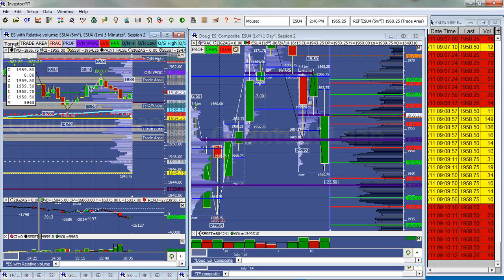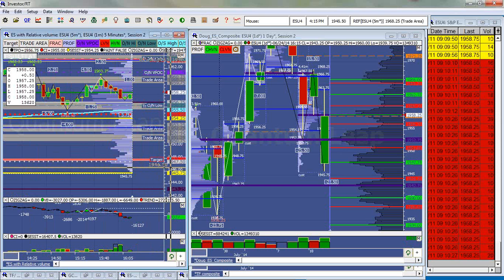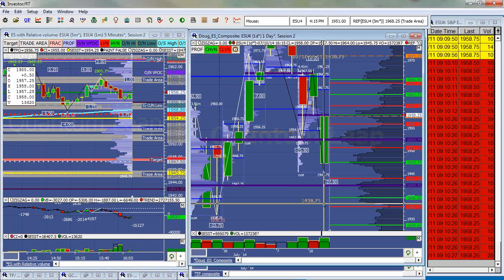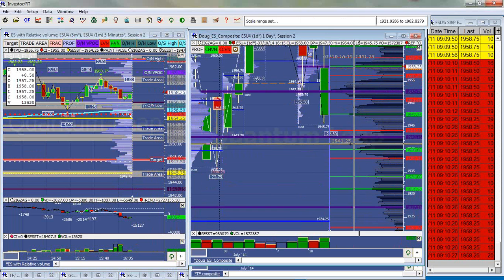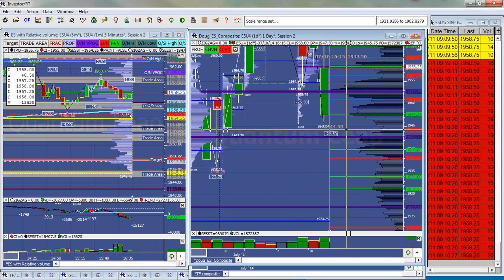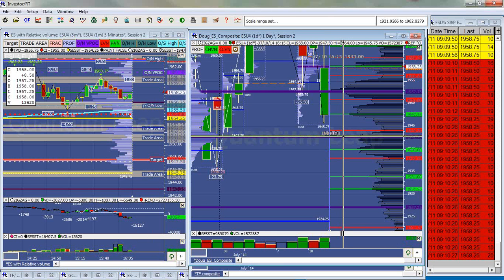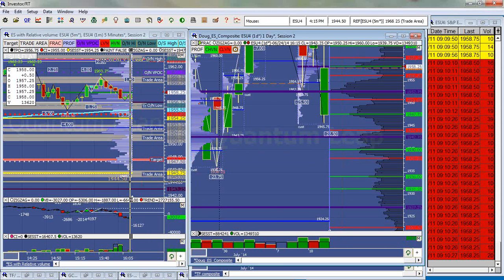So I'm going to use 47.75 as my target. And then below that, you've got the range low at 45.75. That's pretty clear cut. And then if we break below that, just below that is the next key CLVN at 44 and a quarter. So you've got to be careful with any breakout trade of the range low.